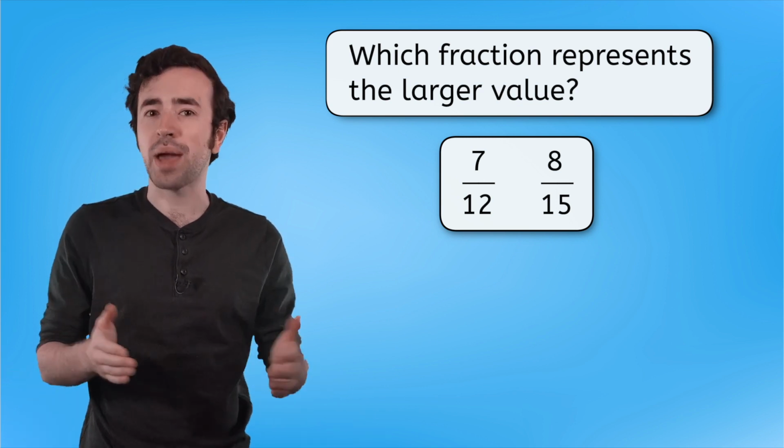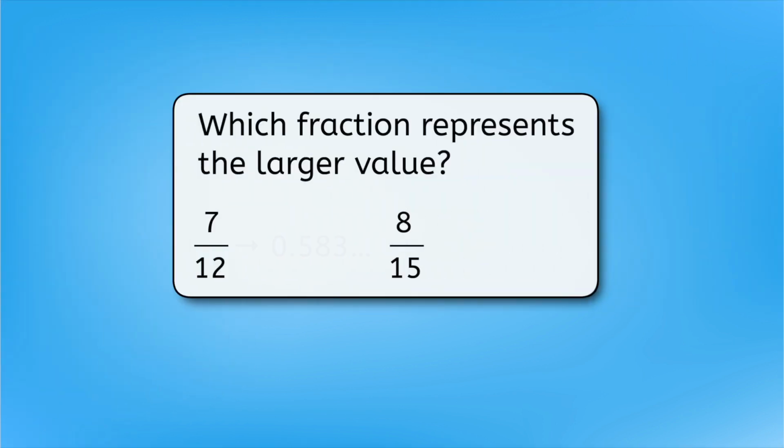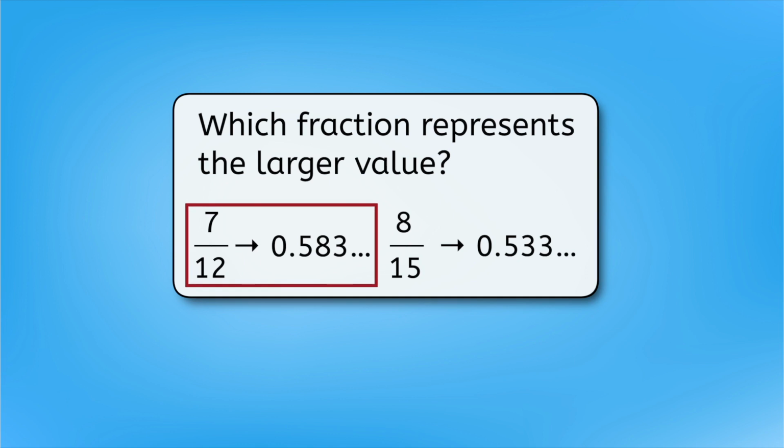Decimals can help us compare values. 7/12 is equivalent to 0.583 repeating, and 8/15 is equivalent to 0.533 repeating. As decimals, it's much easier to notice that 0.583 repeating is larger because it has an 8 in the hundredths place, while this one has a 3 in the hundredths place.